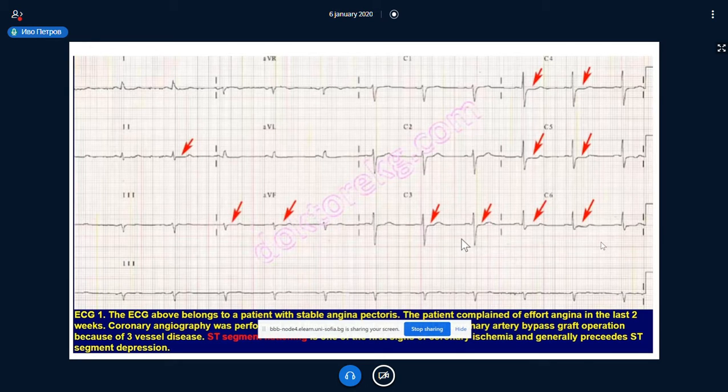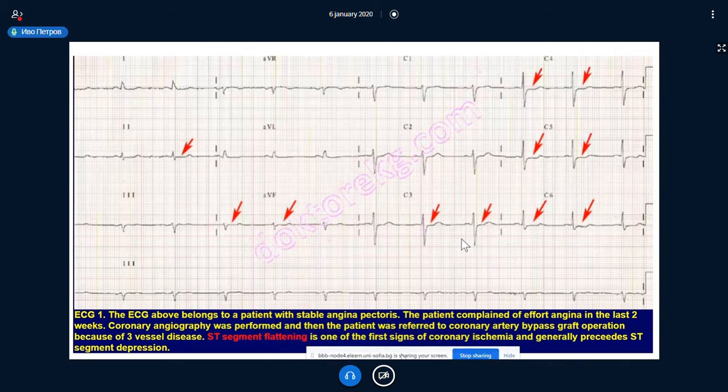in order to have some notion which segment of the myocardium is involved in the ischemia, and of course to try to guess which artery is guilty for the ischemia. For example, here we have the lateral leads C5, C6, and also second and AVF.